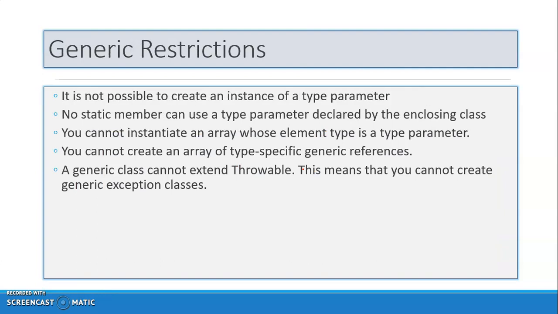Some restrictions should be taken note of, as these may bring some challenges to you. The first one is that it's not possible to create an instance of a type parameter. And it's not possible to use a type parameter declared by the enclosing class for a static member.